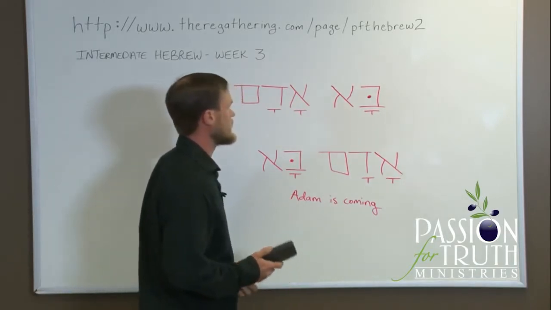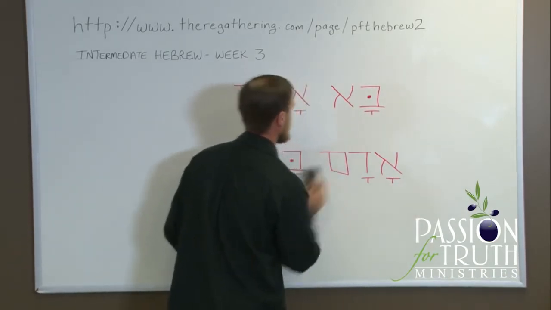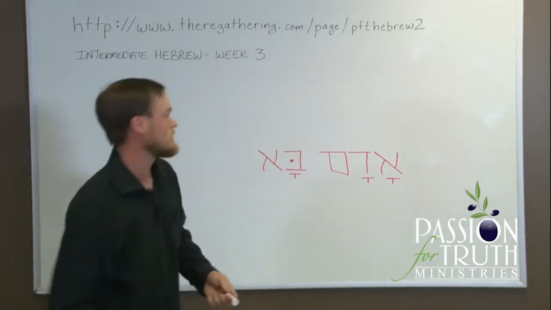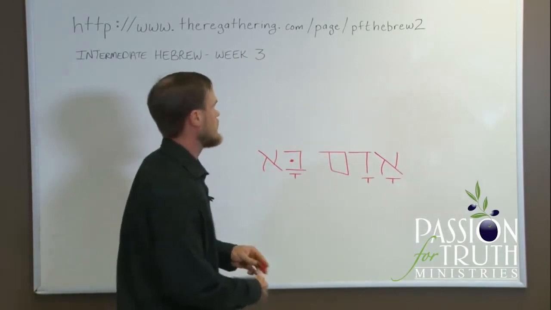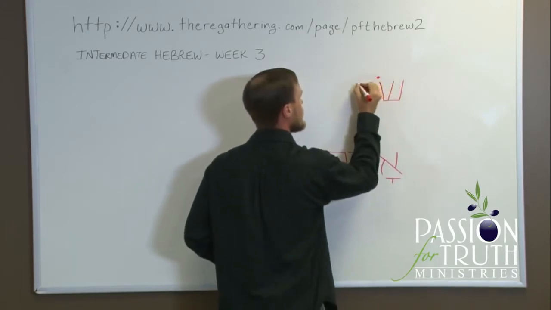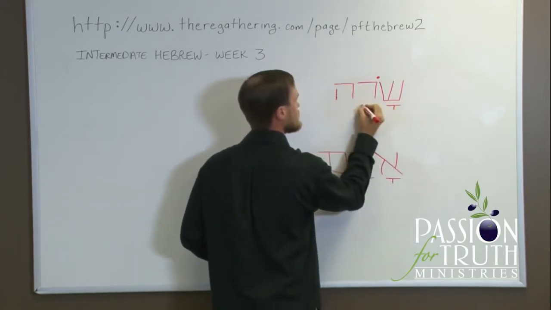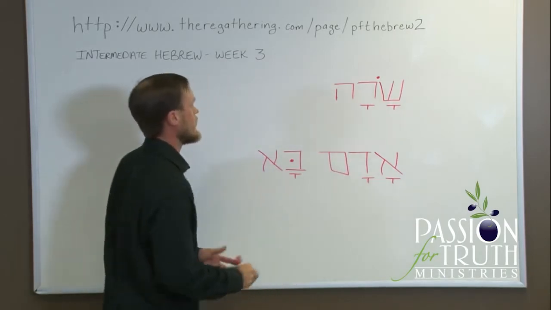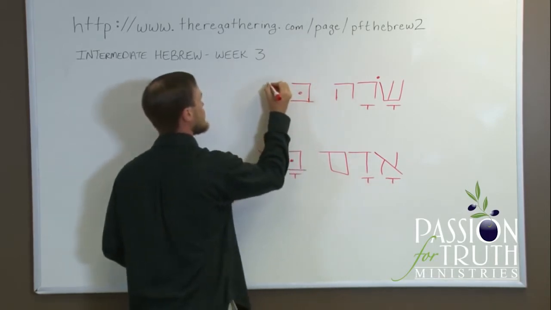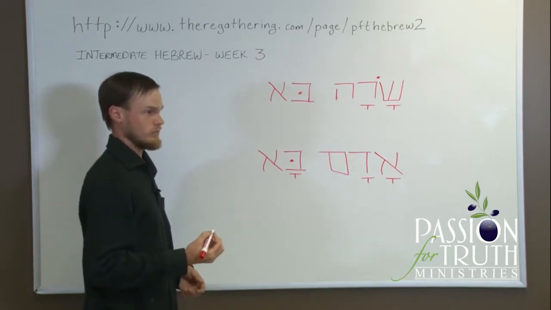Now, something to note about verbs is that if we were to change this sentence to have a feminine subject, so instead of talking about Adam, if we were talking about Sarah, okay, if Sarah were coming, since Sarah is a feminine subject, we cannot use a masculine verb to describe her actions.